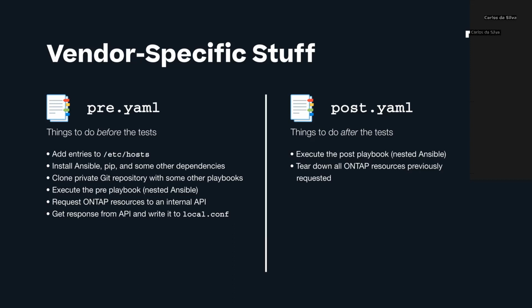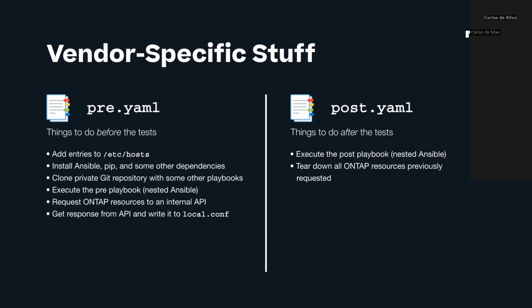And in the post playbook, after the job is run, we run a nested Ansible again to tear down all the resources that we created. So let's say we need to create, for example, NFS exports or connect to a CIFS server, do some setup before Tempest tests are executed using ONTAP as a backend. We need to set up services like NFS and SMB on these ONTAP clusters being used for the job.